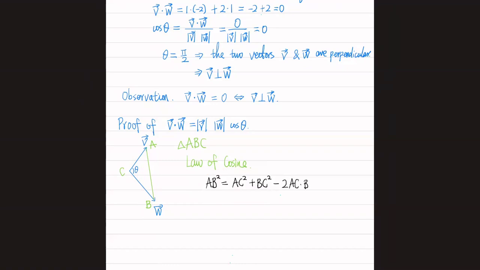In our previous lecture, we call this side C. We call this side A, this side B. So this is C squared equals B squared plus A squared, plus the correction term. Okay, law of cosine.